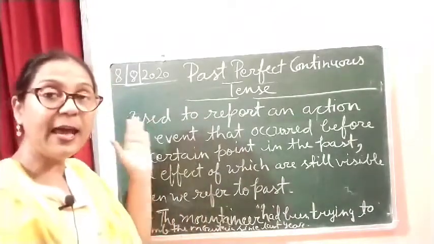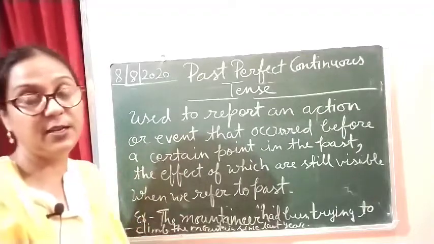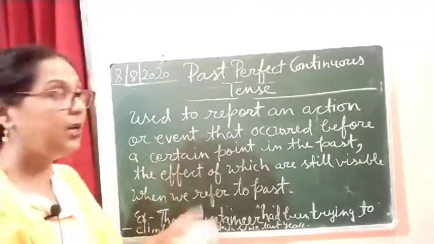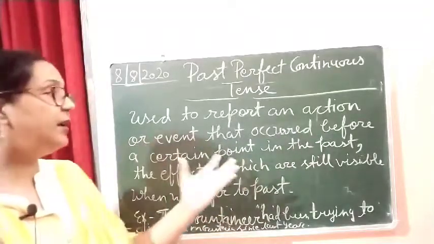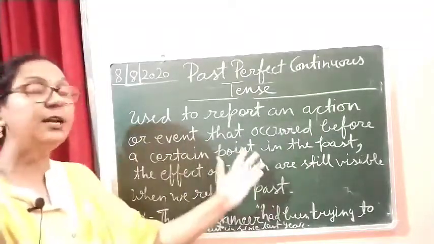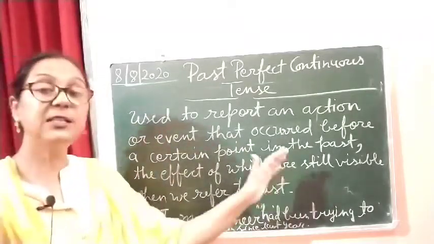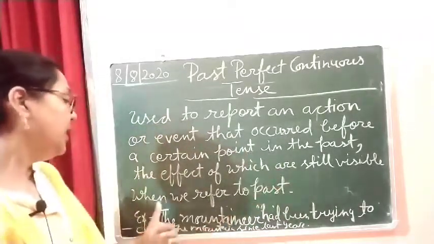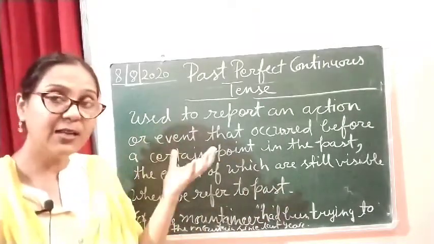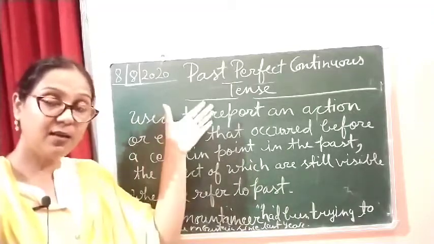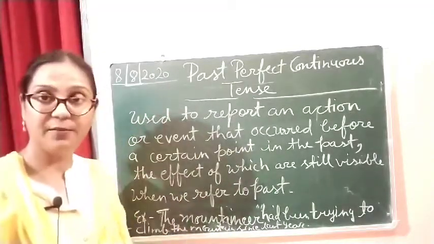So here, as we have seen in the definition of past perfect continuous tense, it is used to report an action or event that occurred before a certain point in the past, but the effect of which is still visible when we refer to the past. Whenever we are referring to the past, the effect of that particular action was still there.